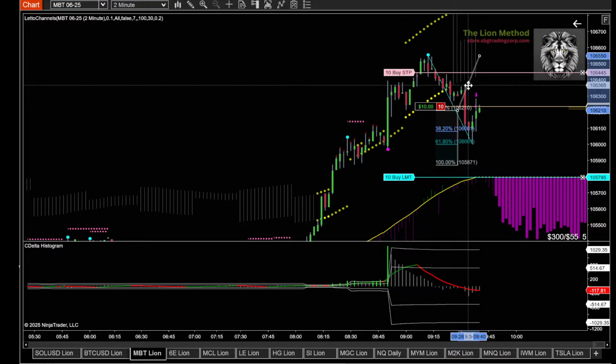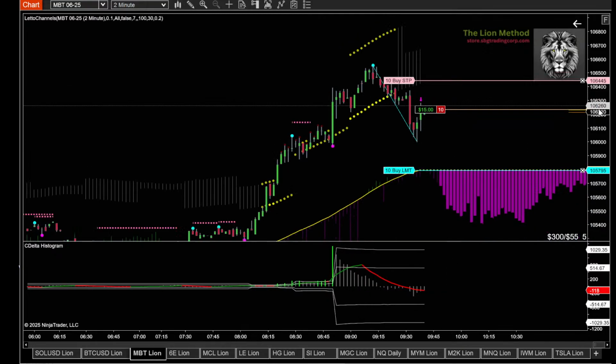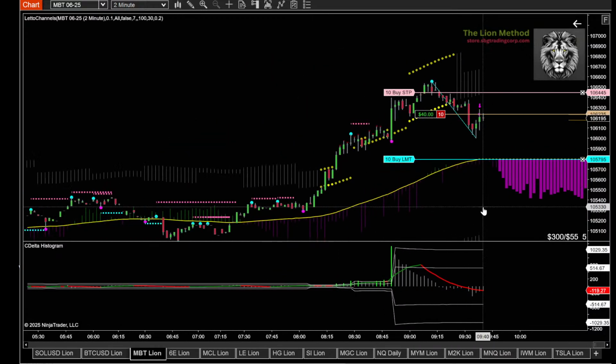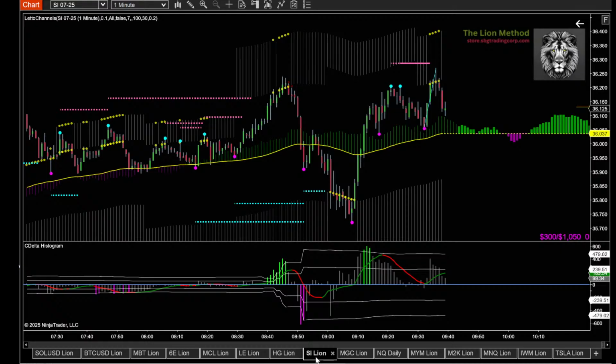So we're going to go for the 100, based on that tendency histogram is just beautiful. Net delta is negative. Doesn't hurt usually. All right, so we're short MBT. We got our stop and target in.